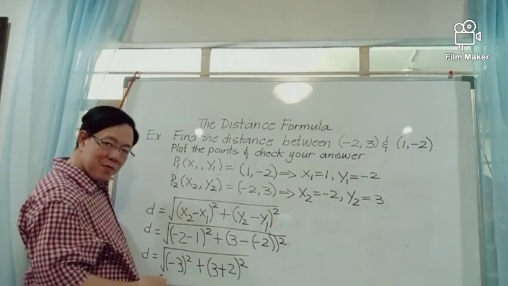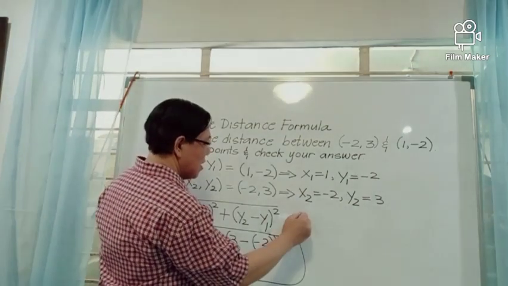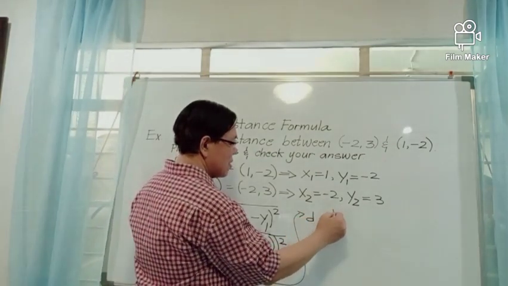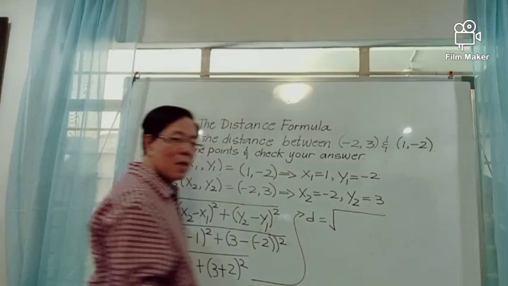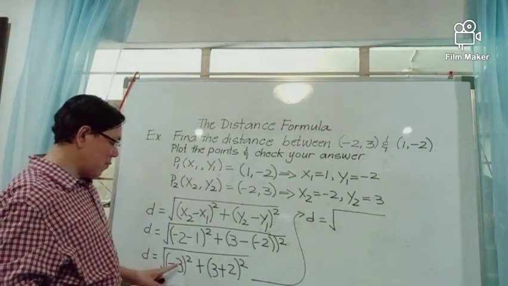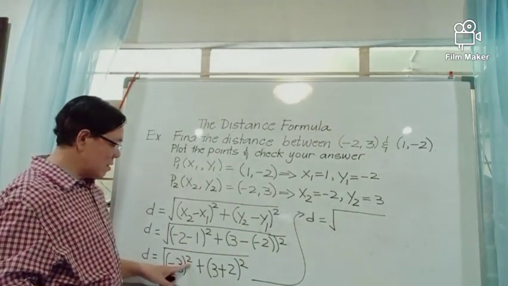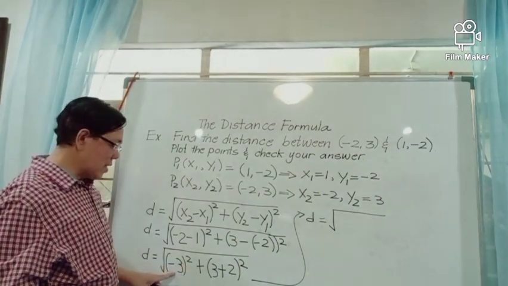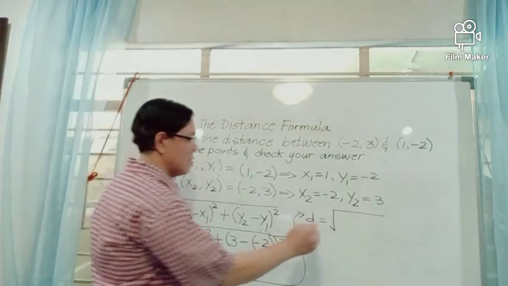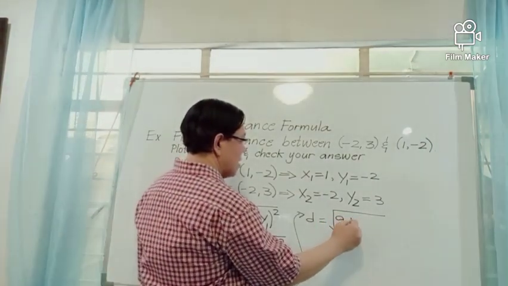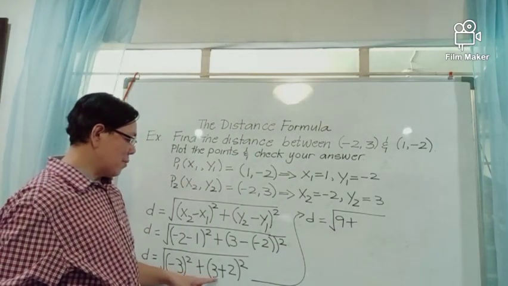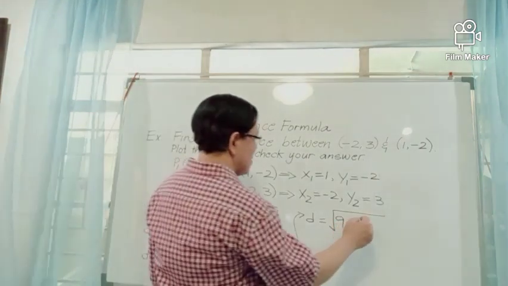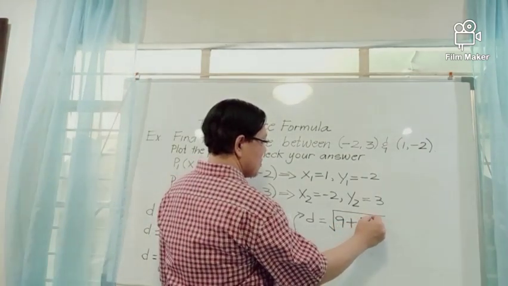And we simplify further. We have the distance between the two given points is equal to the root of the square of negative 3, which is positive 9, plus 3 plus 2 is 5 to the power 2.